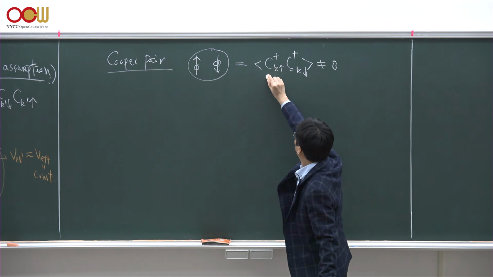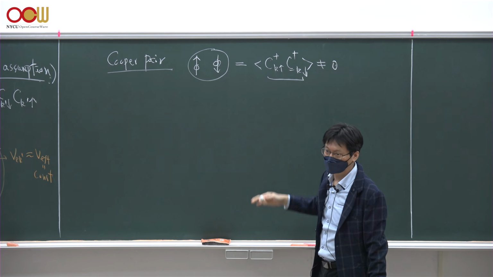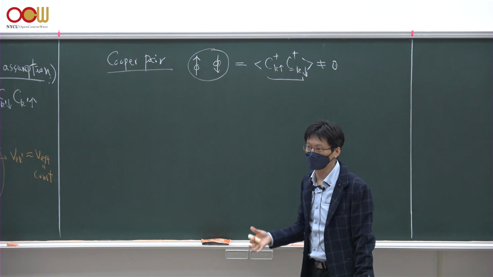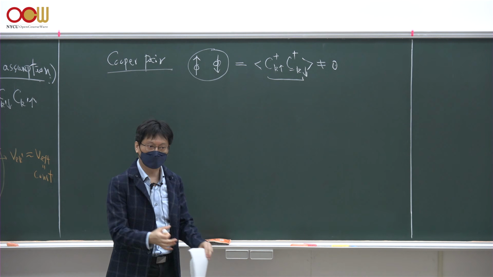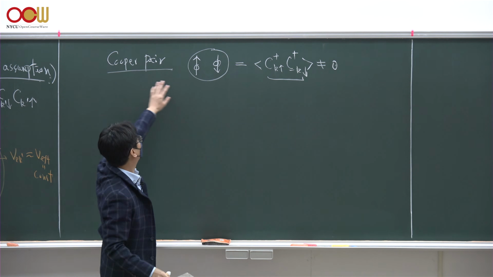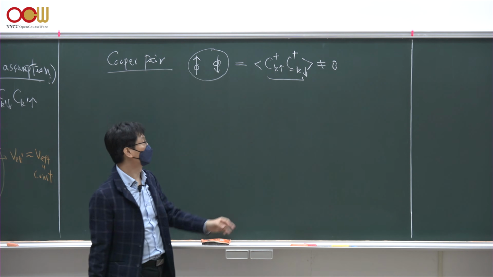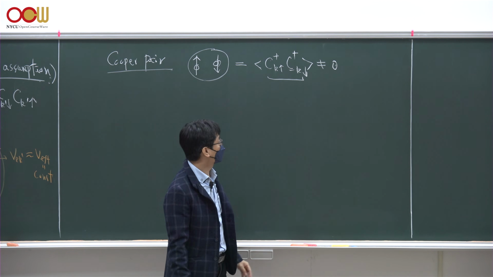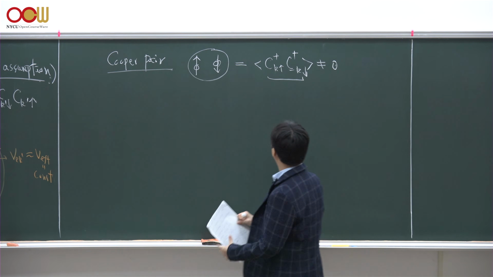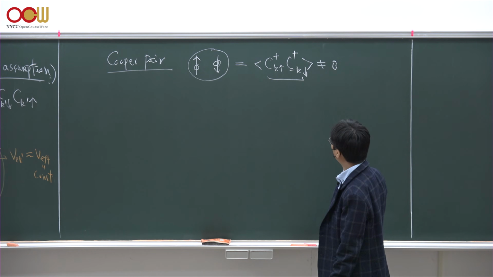So if I measure this expectation value in the BCS or superconducting state, I get a finite, non-zero value. If they are not related by Cooper pairing, then this of course vanishes, because in the ordinary metallic state this expectation value is zero.